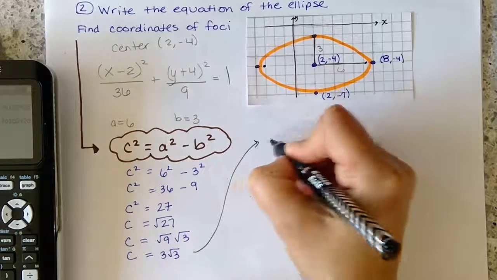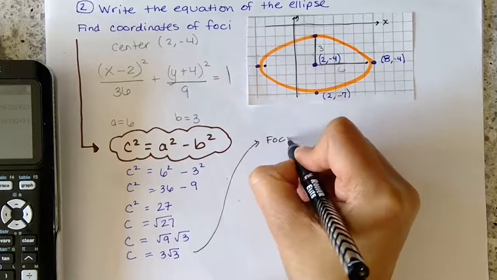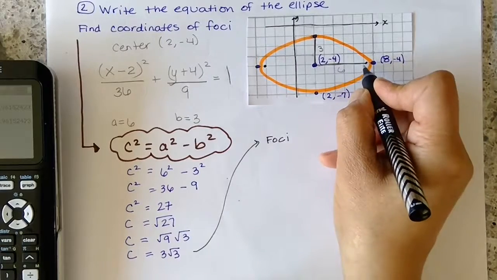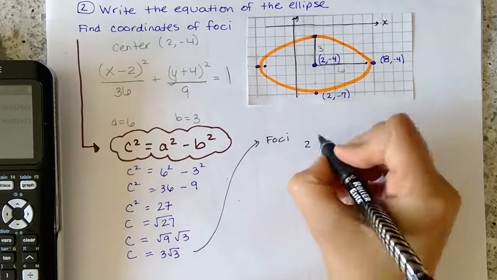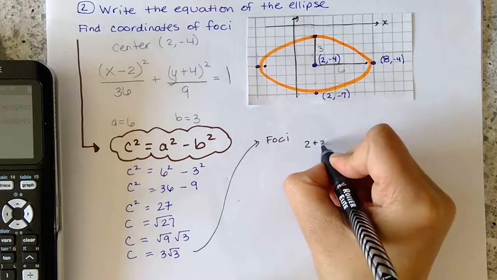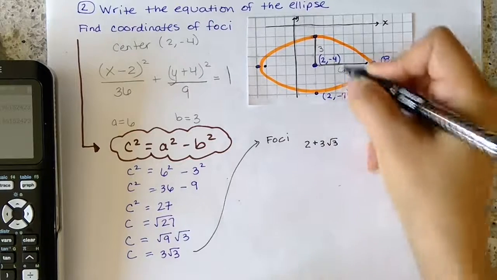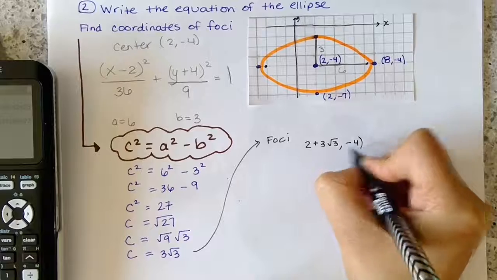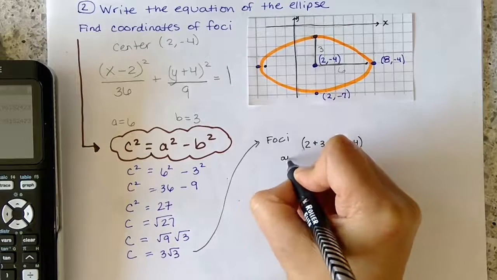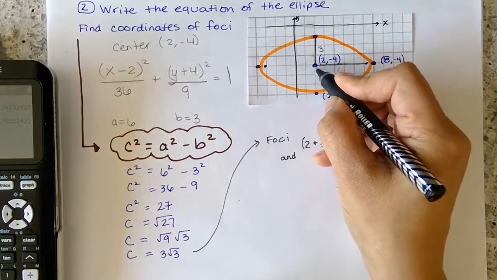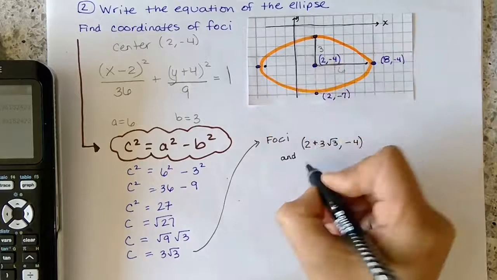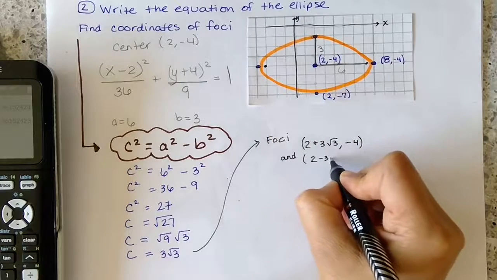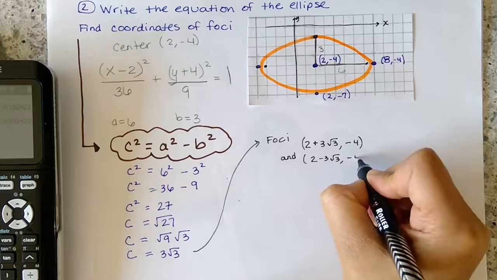So your foci is going to be 2 plus 3 square root of 3, and still down at -4, and 2 minus 3 square root of 3, -4.